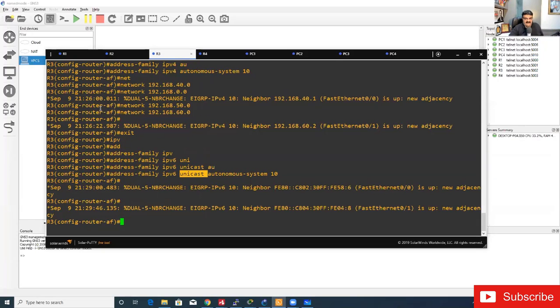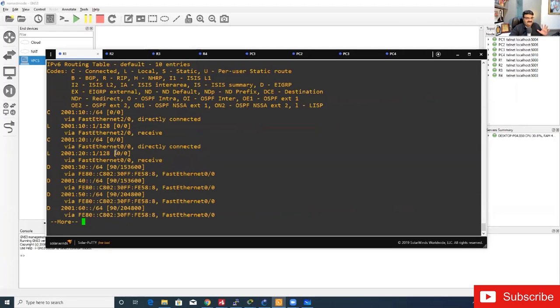Now let me ask you the question. Right now EIGRP name mode for IP version 6 has been configured in this router, and my router is advertising 10 and 20 by default, because in EIGRP name mode for IP version 6 you do not need to advertise your network. It will advertise by default.